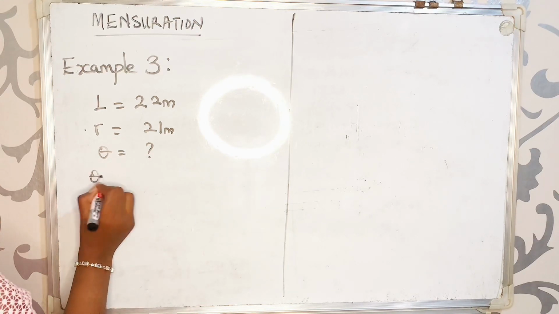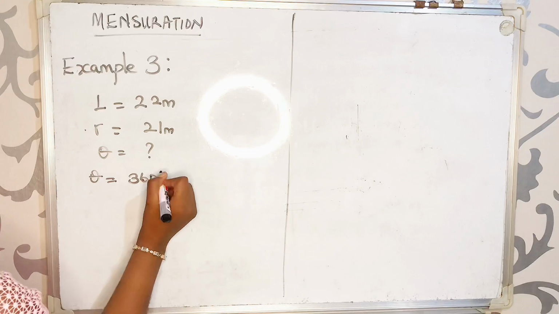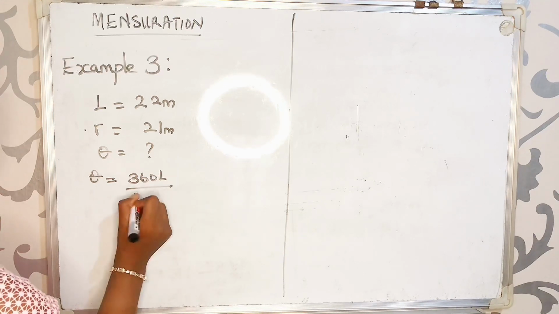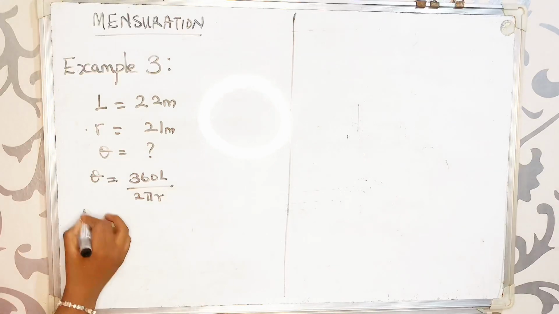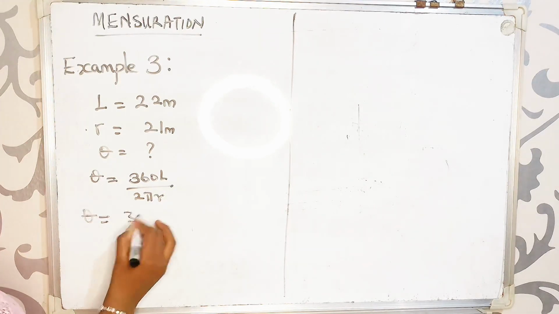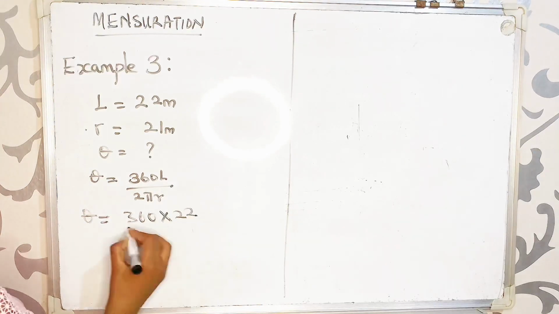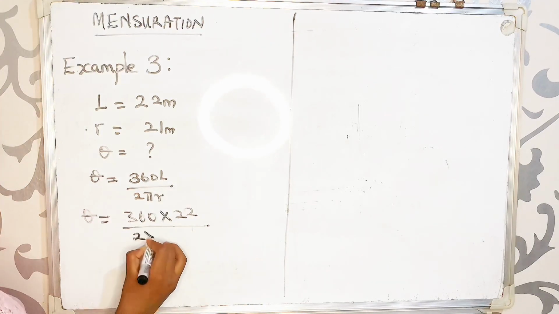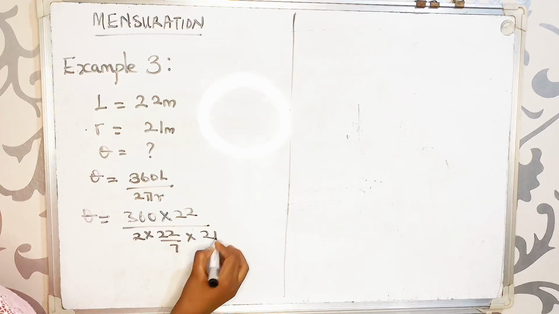I already told you that the formula for the angle is theta equals 360 L over 2 pi r. So theta is equal to 360 times 22 meters all over 2 times 22 over 7 times 21, which is the radius.